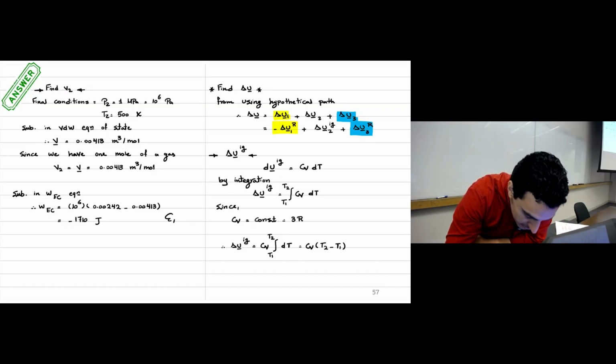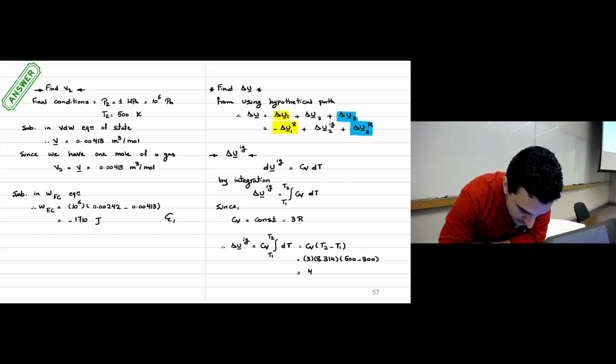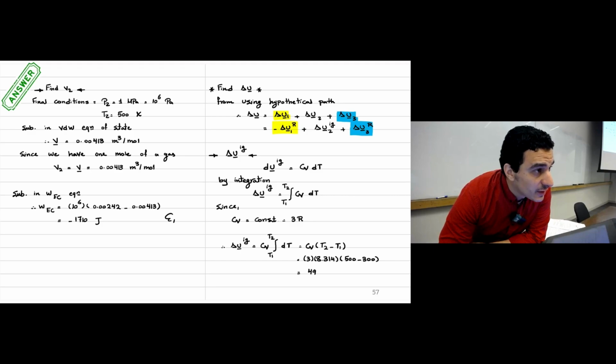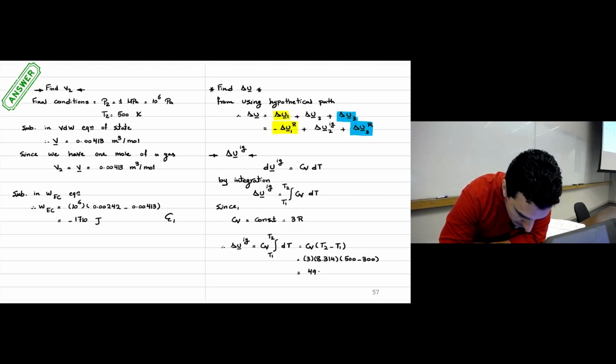We have all these values, so this is 3 times 8.314 times (T2, which is 500, minus T1, which is 300), giving 4,988. Okay, this one here is joule per mole.